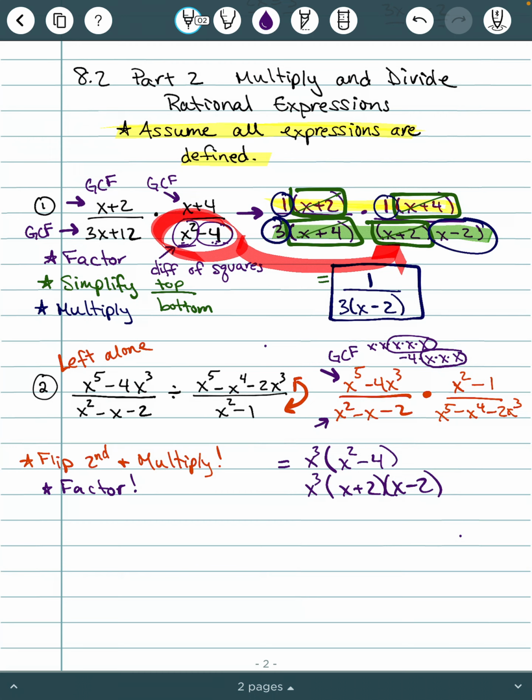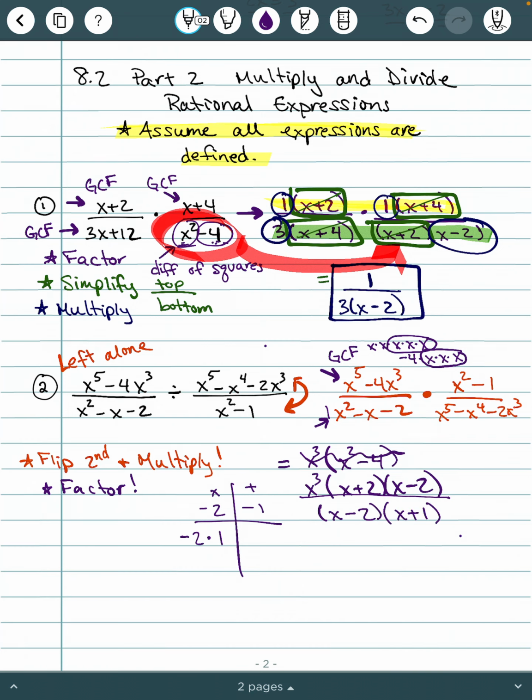Got to factor our denominator. This is a trinomial, but it's got a equals 1, which is handy. So we just need to know what multiplies to give us negative 2 and adds to give us negative 1. Well, that's going to be negative 2 times 1. So my denominator is going to be x minus 2 and x minus 1.